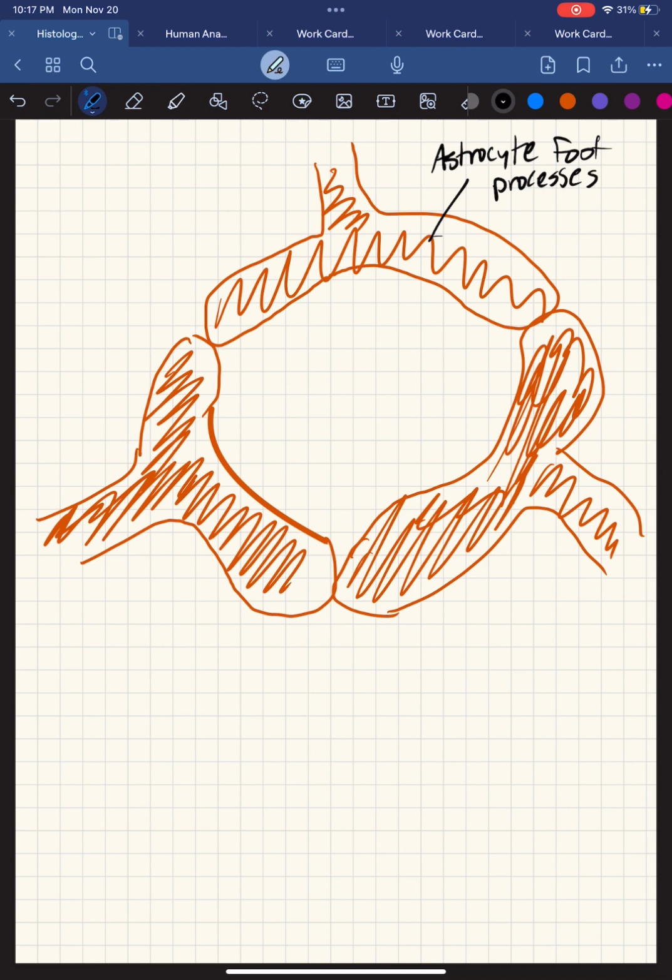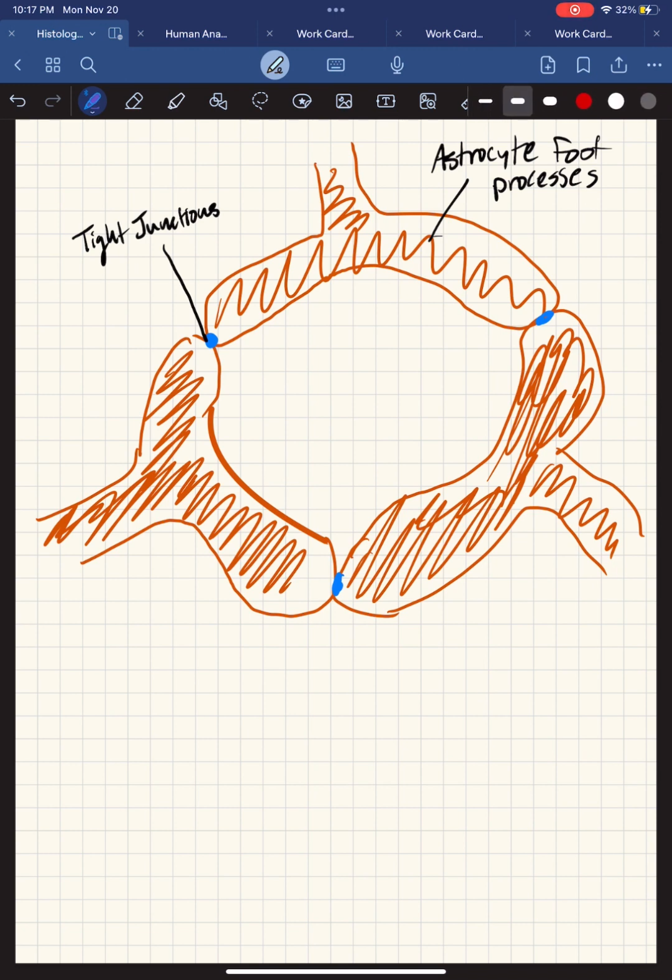And these little connections right here, you see how they all connect right at the ends? These are our good old friend, the tight junctions. And that's the exterior portion of the blood-brain barrier matrix.